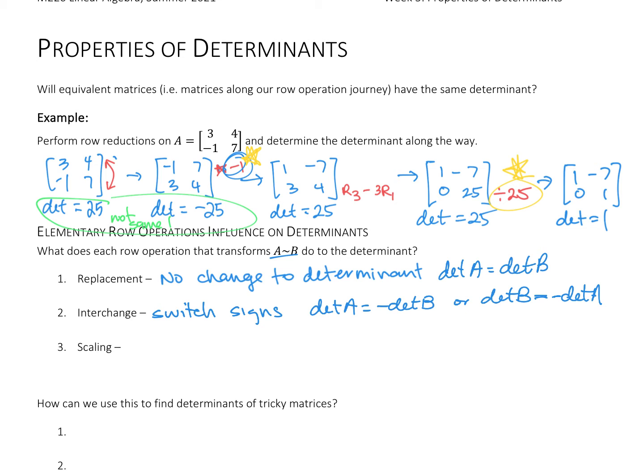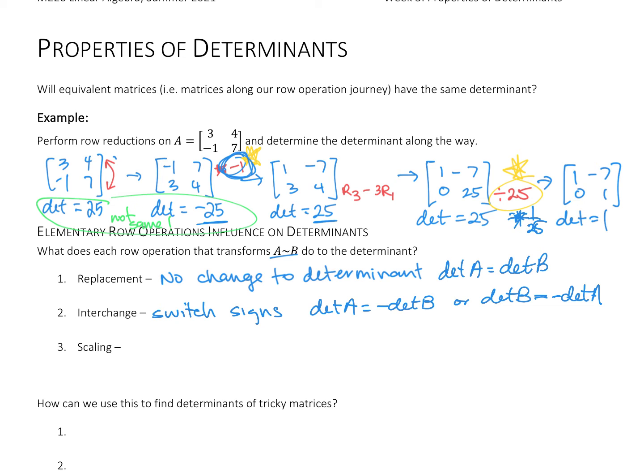The last one, scaling. You'll notice when I multiplied by -1, my determinant went from a negative 25 to a positive 25. When I multiplied by 1/25, so dividing by 25 is equivalent to multiplying by 1/25, my determinant also got multiplied by 1/25.